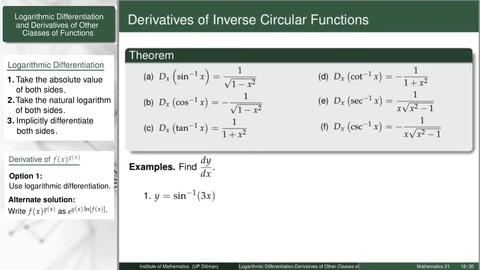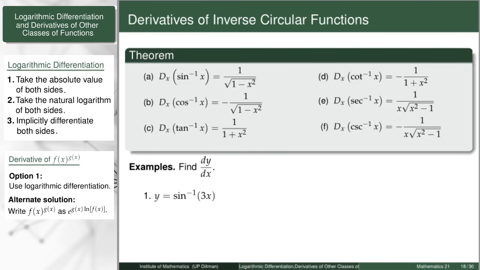Now, what makes it a little bit complicated is the chain rule. Just like the ln, where you express the argument as a reciprocal or put it in the denominator, for inverse circular functions we do the same, and that is, the derivative of sine inverse x, whatever the x here is, will be placed in this expression x squared.